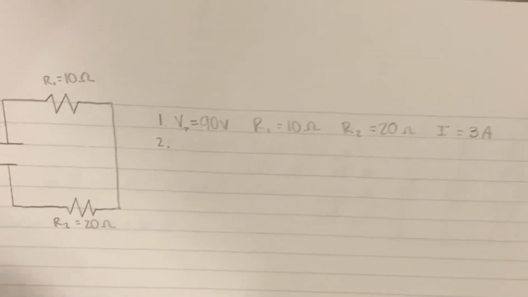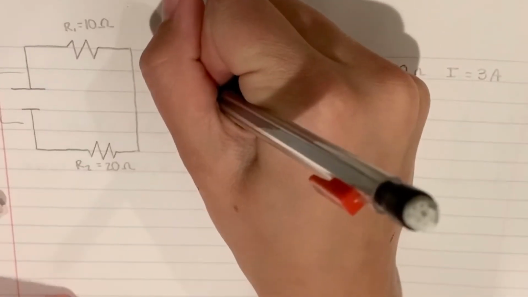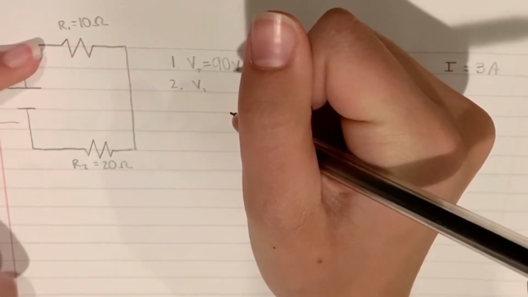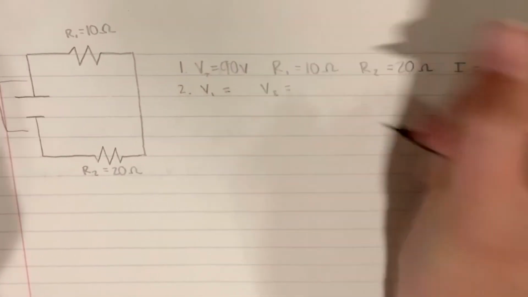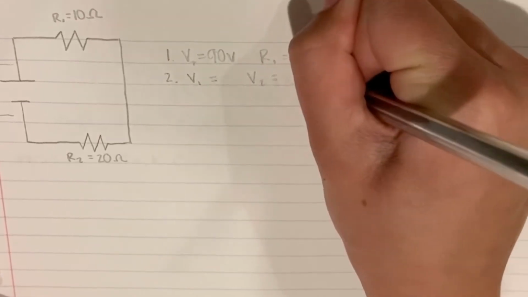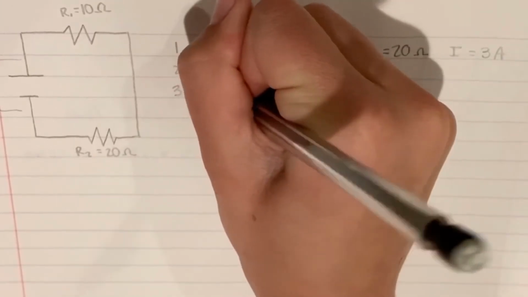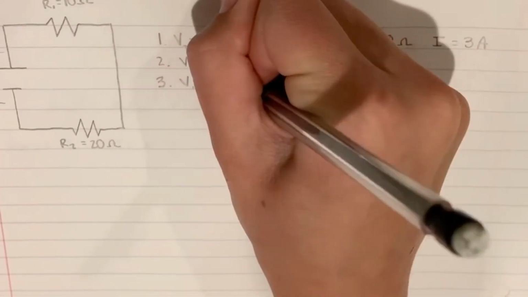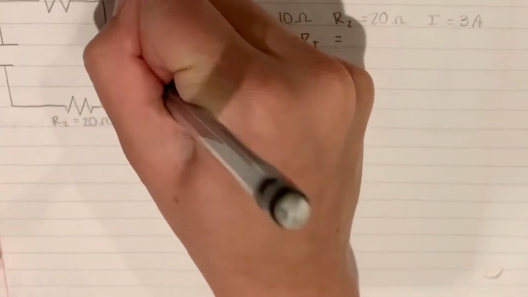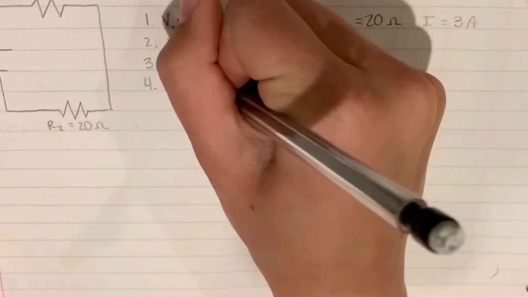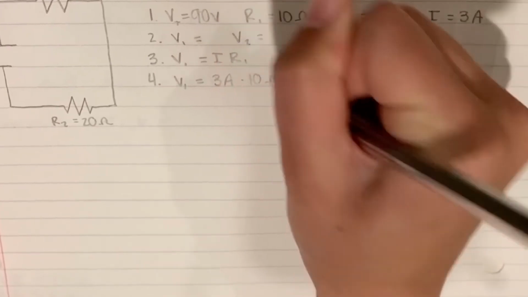Okay, so here I have a regular series circuit, so the equations are going to be a little bit different. We're going to be solving for the voltage over the first resistor and the voltage over the second resistor, and then we're also going to do the total resistance. To find the voltage for each of these, the voltage of one equals the current times the resistance. So that would equal 3 amps times 10 ohms.